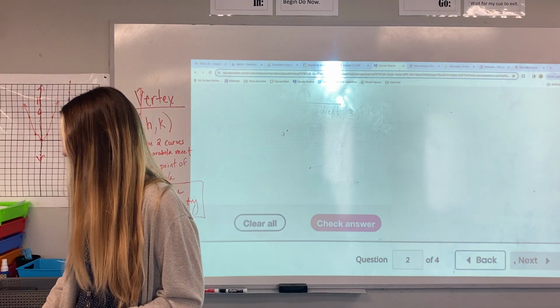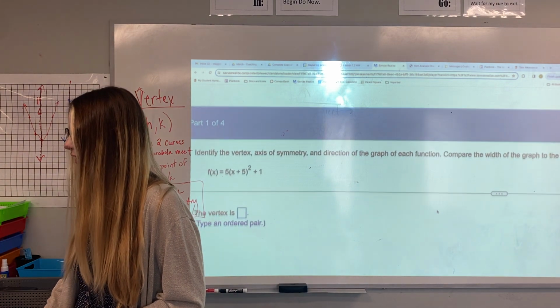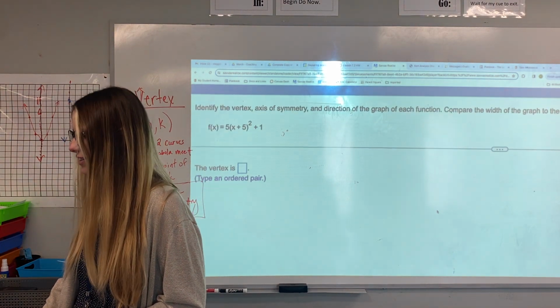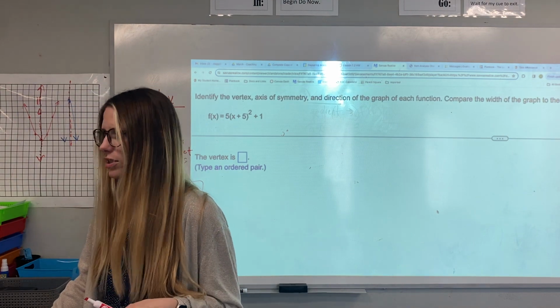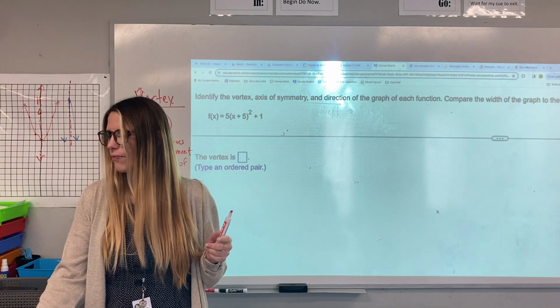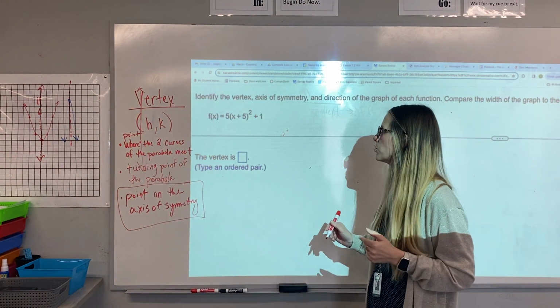All right, two more. Identify the vertex, axis of symmetry, and the direction of the graph of each function, which just means does it go upward or downward. So this is going to be super easy, and I'll show you why.